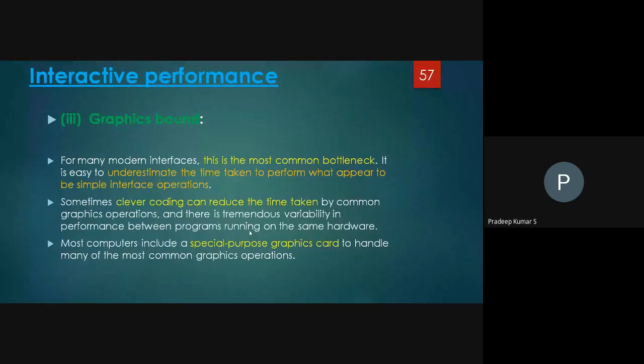Next, I want to load the same application in the PC in a quick way. So some algorithm, some technique ought to be used. That algorithm programming I can refer to as clever coding. It can reduce the time even though the application is complex and graphical.